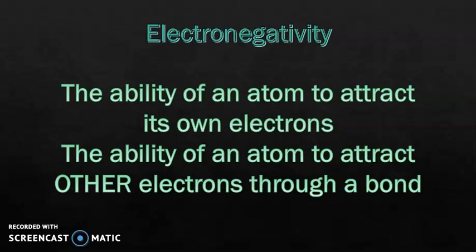And again, we kind of said that you can use the term electron greed here, although I want you to be very, very careful with using that. It's not an academically approved way of talking about electronegativity. The official definition is the ability of that atom to attract other electrons through a bond. How strong is it? What kind of a bully is it to try and steal a baby's candy, I guess.